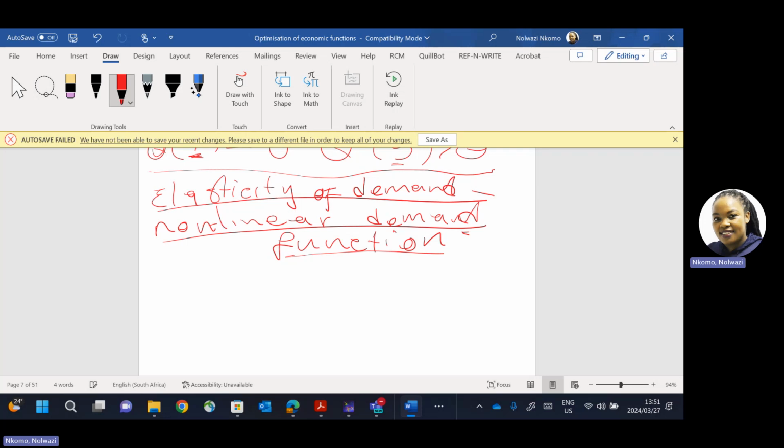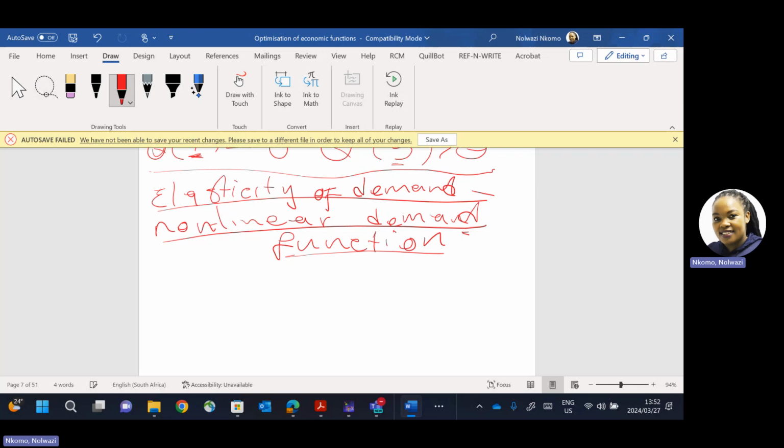In the previous session, session 2.3, the section that you did with Prof. Mabemadis, she introduced the concept of elasticity for the linear demand function. Please do go back to it and remind yourself. She did introduce it there, okay?